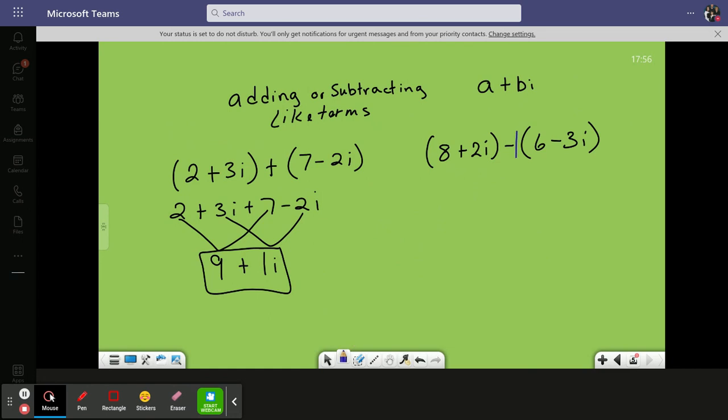These parentheses here I can drop because that's positive in front. So I can just write that as 8 plus 2i. But this is negative. So the only way I get to drop them is to distribute that -1. So -1 times 6 is a -6, and -1 times -3 is a positive. So now I got to do again. Collect those like terms.